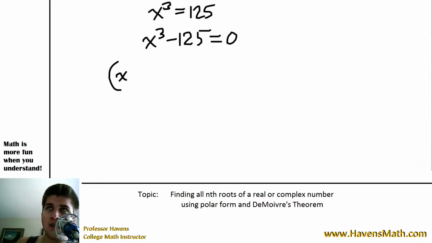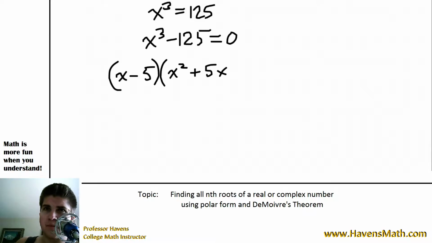If we call it a cubed minus b cubed, I think it works like a minus b times the quantity a squared plus a times b, so in this case plus 5x, and then plus b squared. I can't remember the formula exactly, but I do know that it will factor like this.